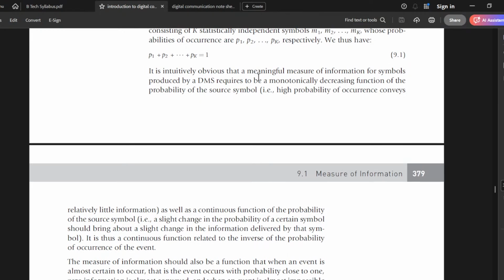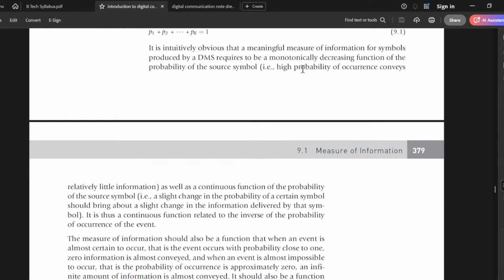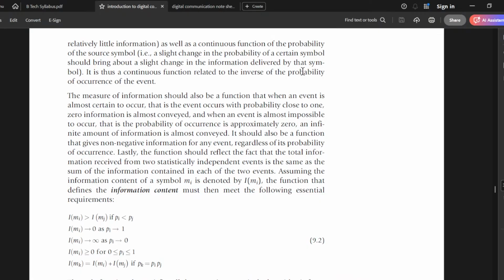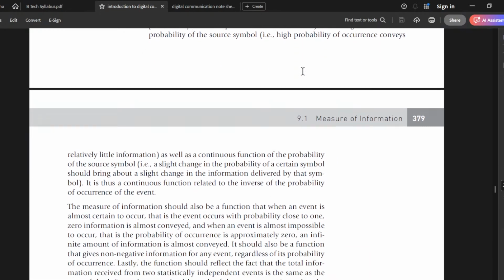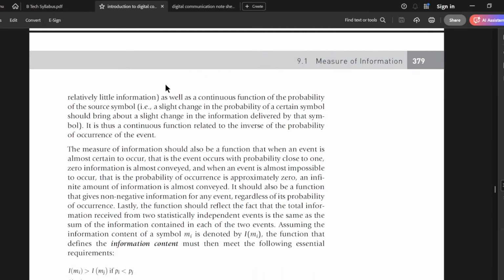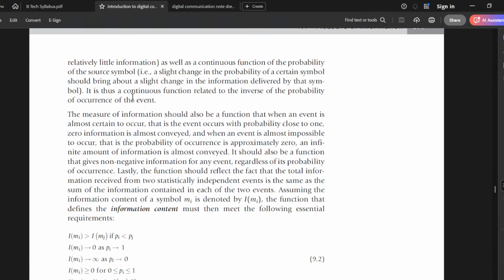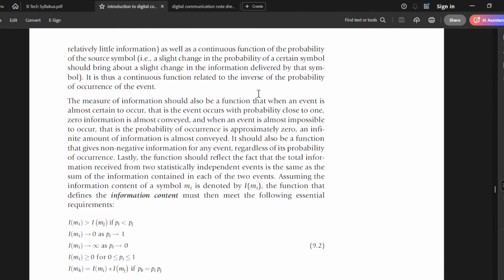It is intuitively obvious that a meaningful measure of information for symbols produced by a DMS requires to be a monotonically decreasing function. That is, high probability of occurrence conveys relatively little information, as well as a continuous function of the probability of the source symbol.